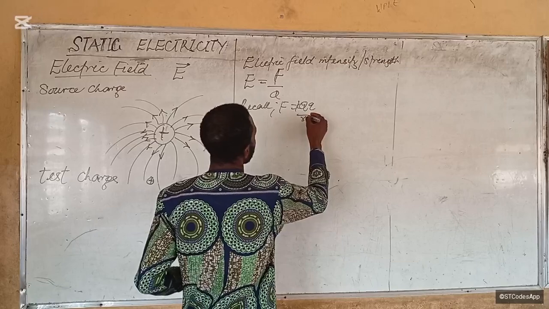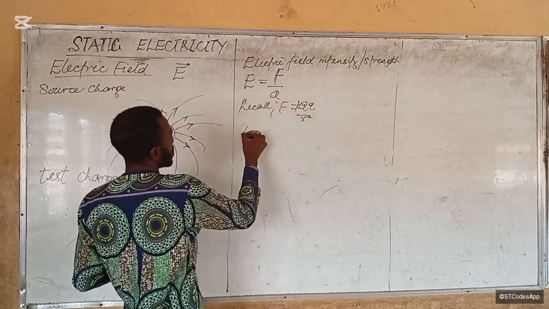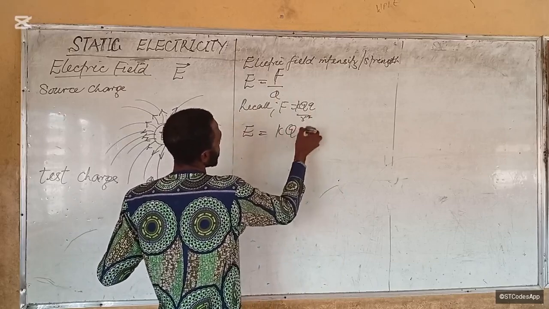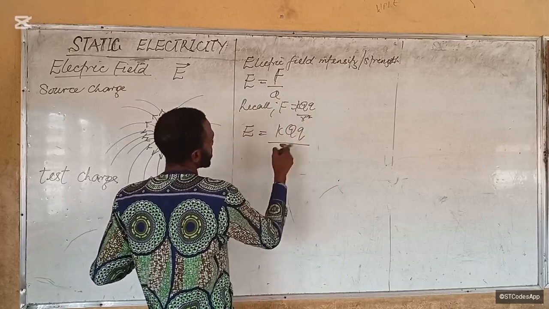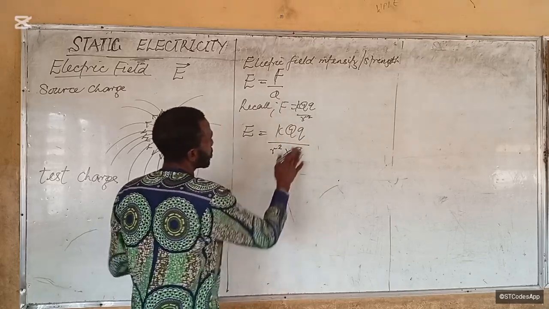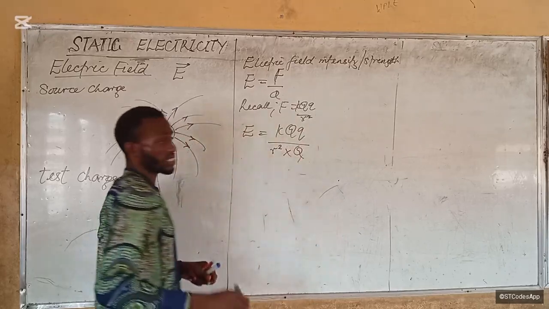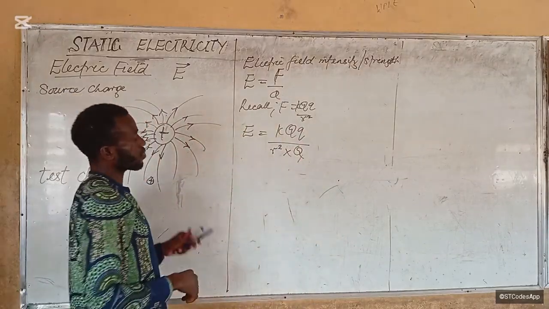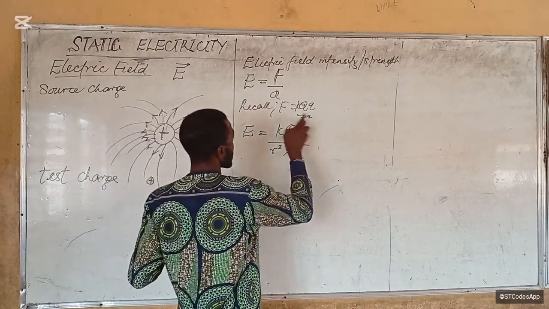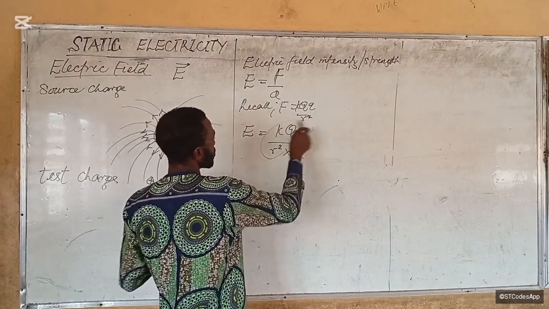So from here, we can substitute this into the equation. And we have the electric field strength is equal to F, which is KQq over r squared, times what we have here is q, the small q. Does that make sense to you? So what we have here is big Q. This place you have here is force.